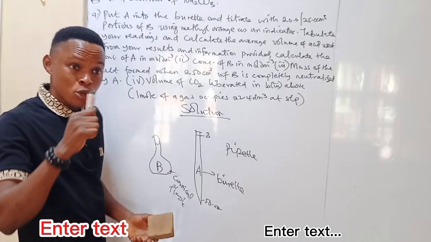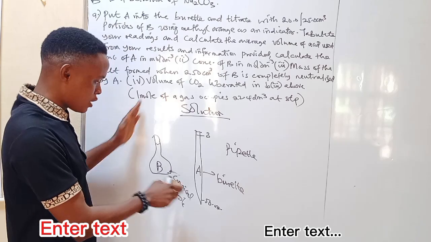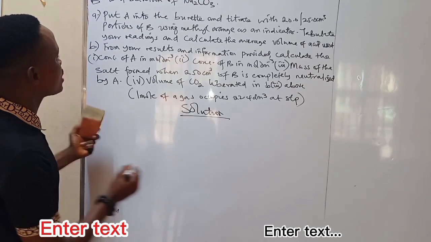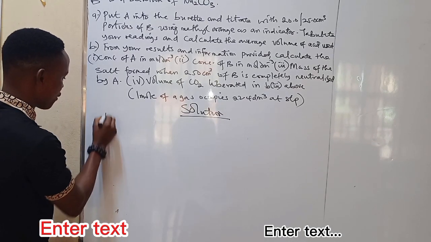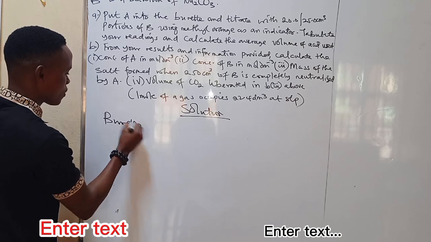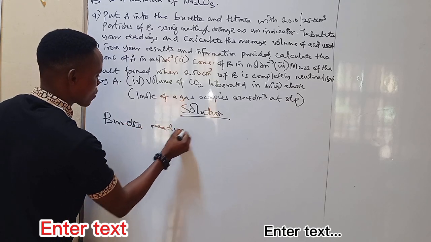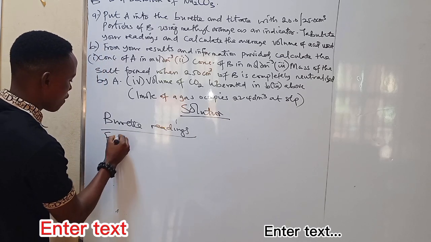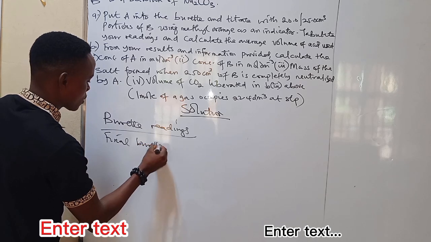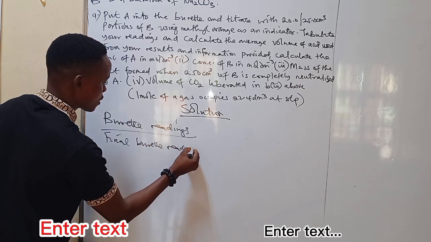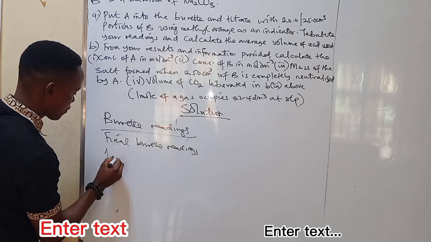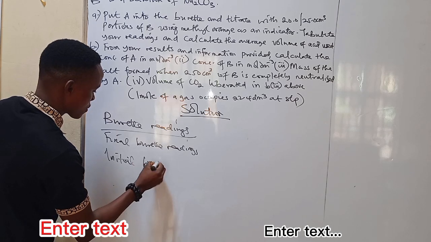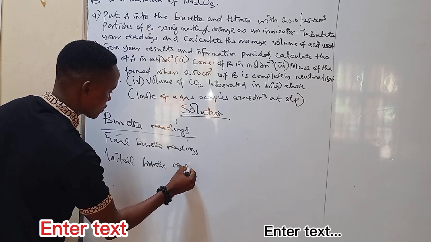Alright, remember I said we are going to do the practical in the next phase. So this is the theory. Then assuming that we set up our titration table like this, we have our burette readings. Under our burette readings we have final burette readings, initial burette readings.